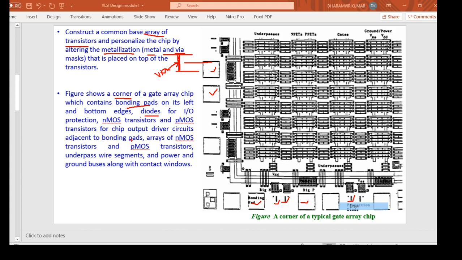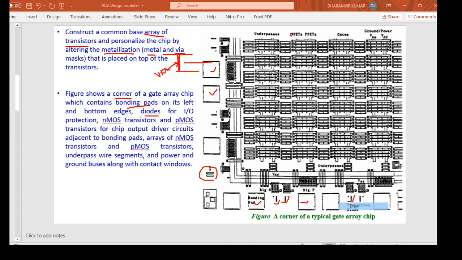So where are these transistors? Can we locate them? Adjacent to bonding pads. These are diodes. These maybe the NMOS and PMOS transistors, and then the array of NMOS transistors and PMOS transistors.